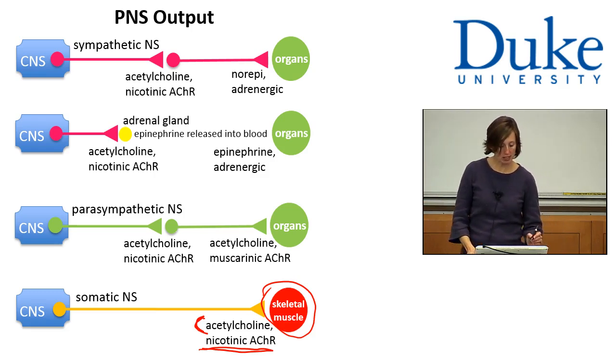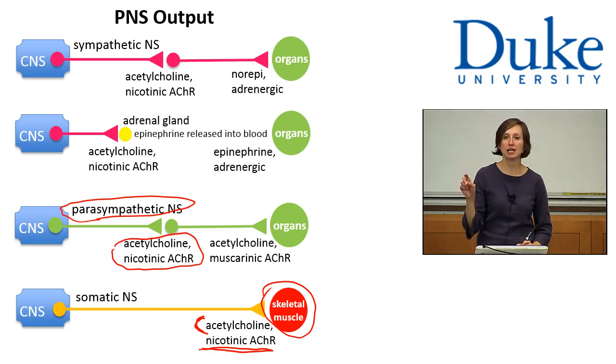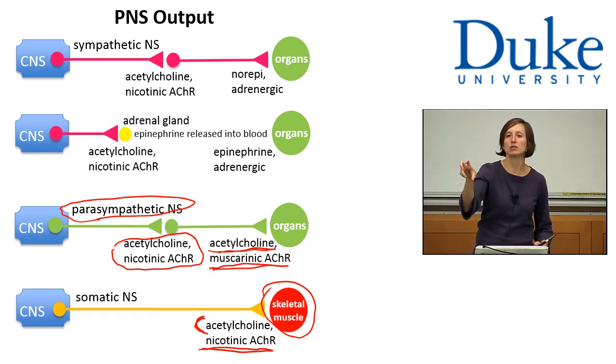For the parasympathetic nervous system, the first neuron is going to release acetylcholine, and then the second neuron is going to bind that acetylcholine with nicotinic acetylcholine receptor. Then the second neuron is also going to release acetylcholine, but then the organ that it's synapsing with is going to bind that acetylcholine using muscarinic acetylcholine receptors.